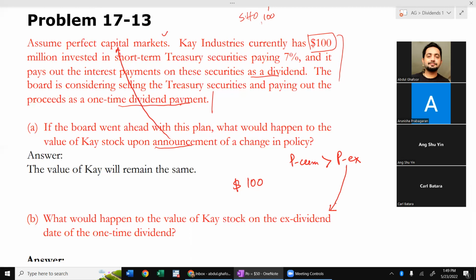Will it increase, decrease, or remain constant? When the company distributes 100 million as cash dividend, will the price after the cash distribution increase or decrease? In other words, what will happen to price ex?